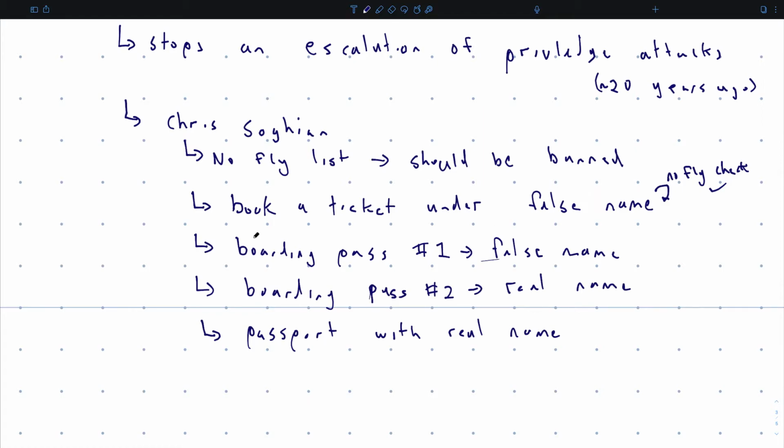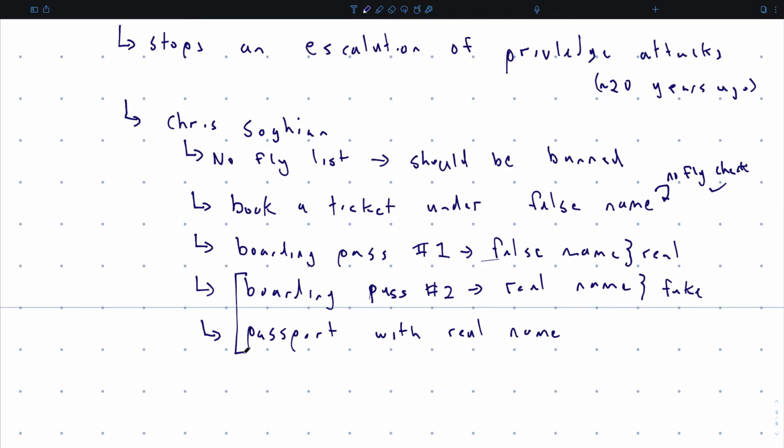Because I booked it under the false name, the boarding pass in the same false name is actually the real one. Sort of confusing. So this is the real boarding pass, and this is the fake boarding pass. If I show someone these two items, they're consistent with each other.